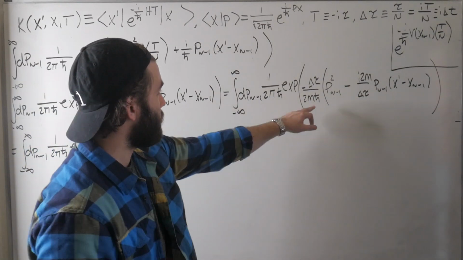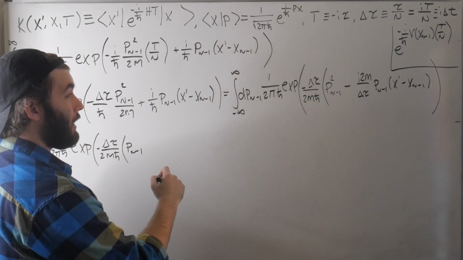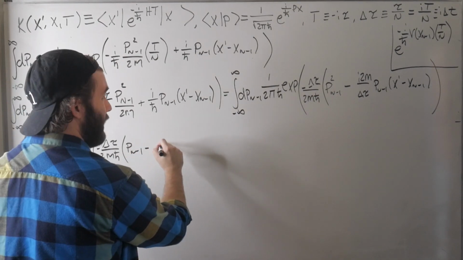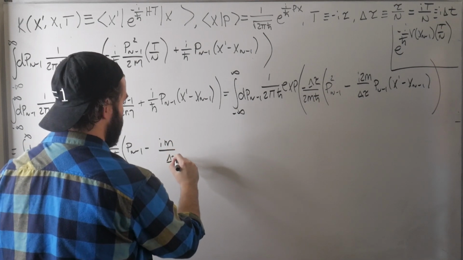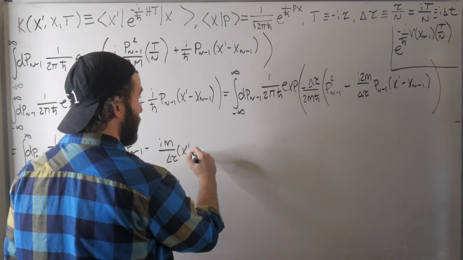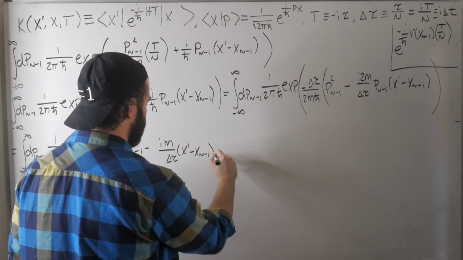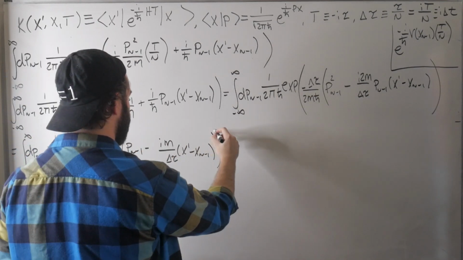Okay, and completing the square, so that's going to be a p sub n minus 1 minus i m over delta tau, x prime minus x sub n minus 1, squared.